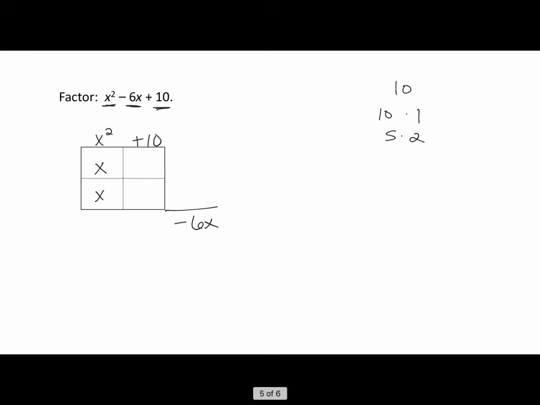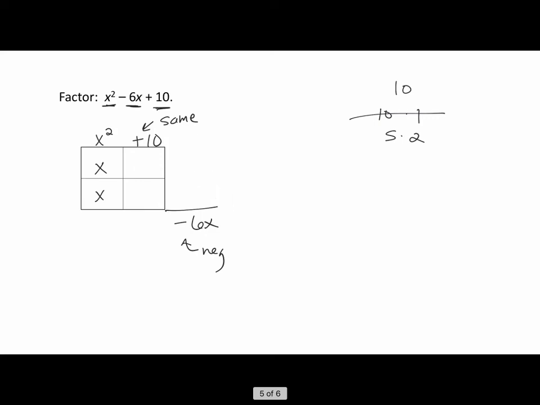That's it, right? Okay. So let's try 10 times 1, same sign, because it's positive for the last term. And that means they're both negative. Okay, so a negative 10 and a negative 1 gets us negative 10x, negative 1x. Nope, that doesn't work. So let me try the other factors.